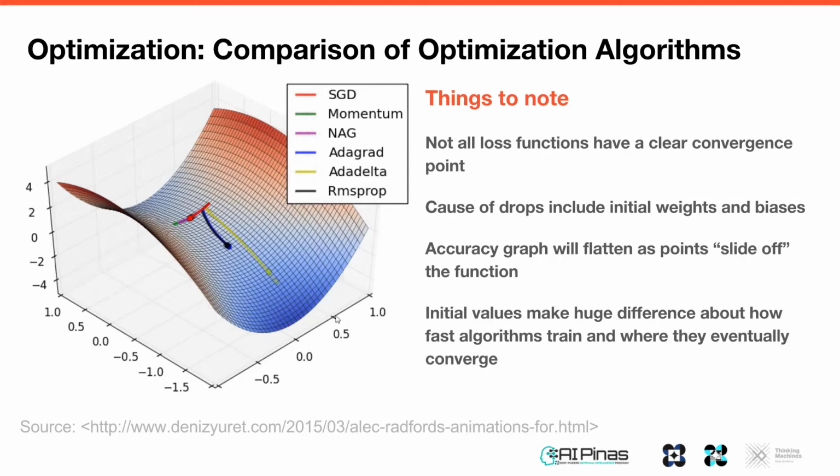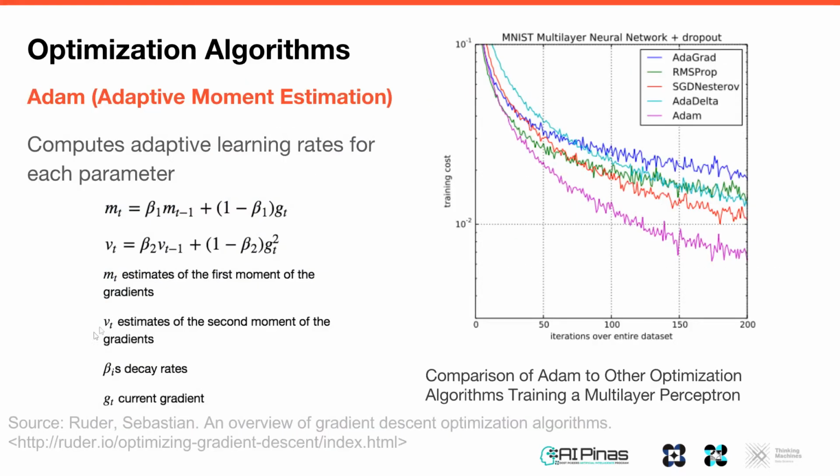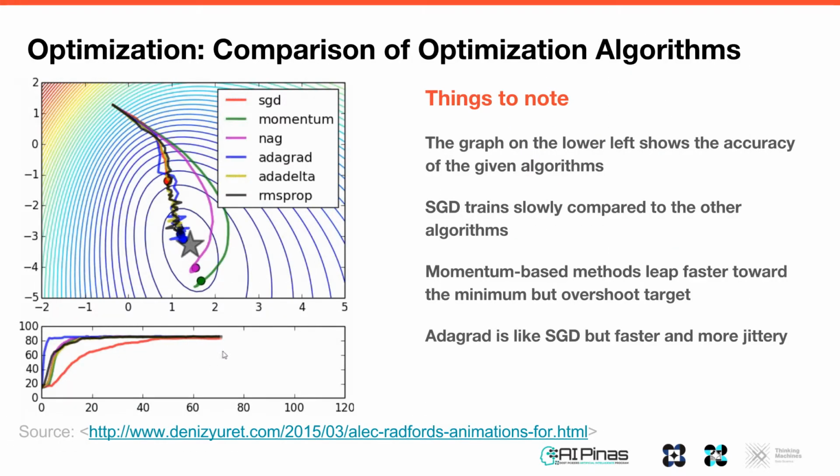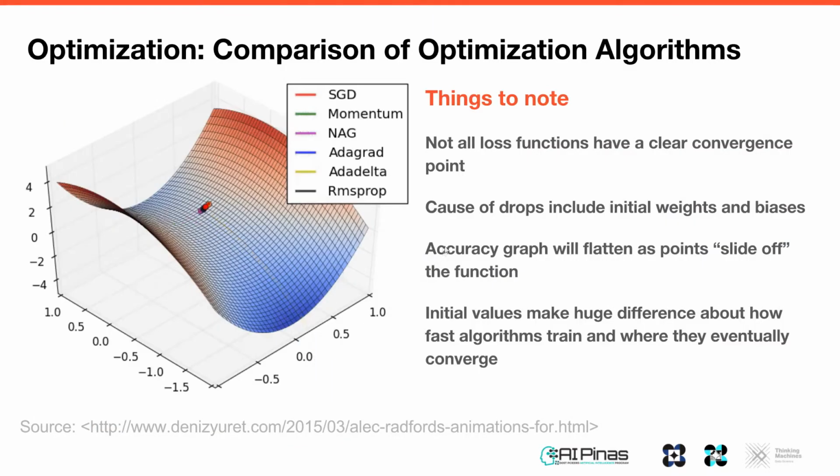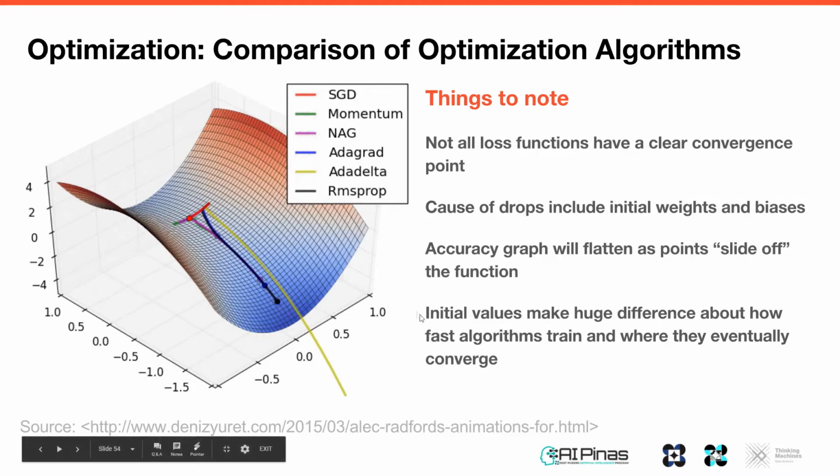You will have to do your best to extrapolate what's going on when all you can see is this accuracy graph over time and the loss function over time. So you could have something where your accuracy is close to 100%, but your points and the parameter values are actually sliding off of the function. That is pretty problematic.